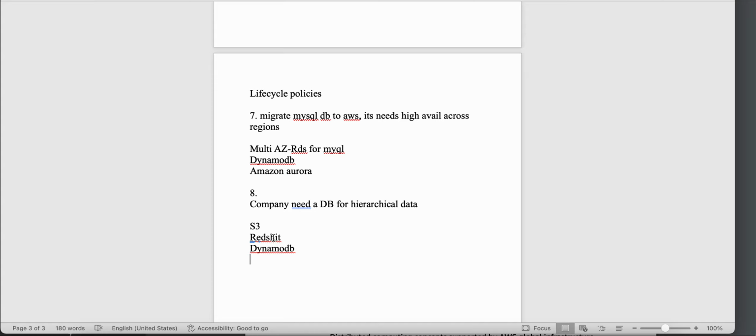Now, coming to Redshift and DynamoDB. DynamoDB is a NoSQL database, basically for non-structured data. Redshift, if you're aware, is columnar data. Columnar data is like a normal table with rows and columns, but the data is stored in columns, so it's still structured data.